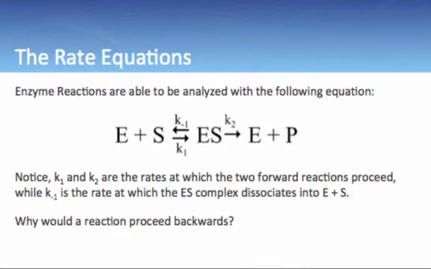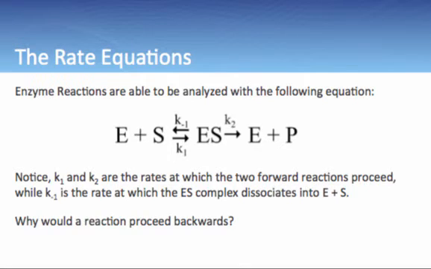The next equation that we're going to be looking at is an overview of the rate equations. Enzyme reactions are able to be analyzed with this equation, and as you see, there are a few more numbers and letters that we really haven't dealt with in the past. So this would be k sub negative 1, k1, and k2.